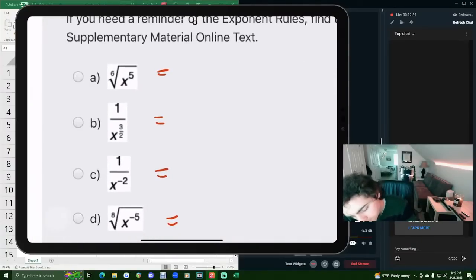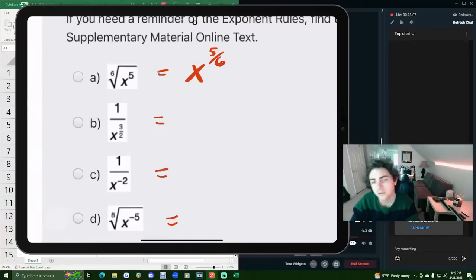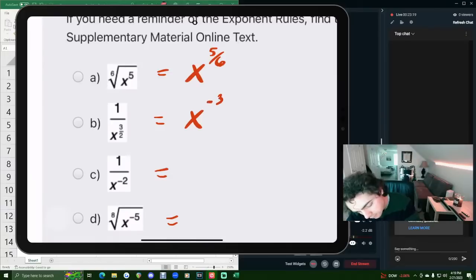So this first one, when we have a 6th root, but we have x to the 5, we basically rewrite that 6th root by putting the 6 in the denominator of the exponent. So we have x to the 5/6. How about this next one? We have x in the denominator, so bringing x out of the denominator just negates the exponent.